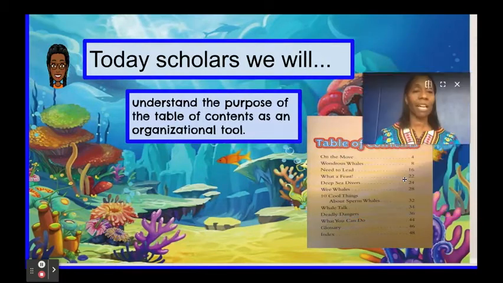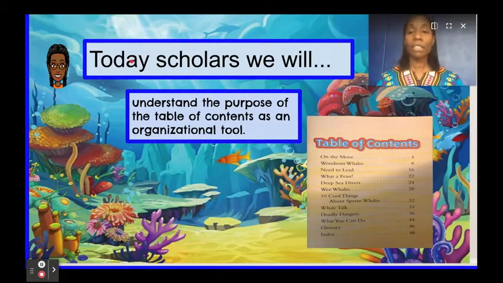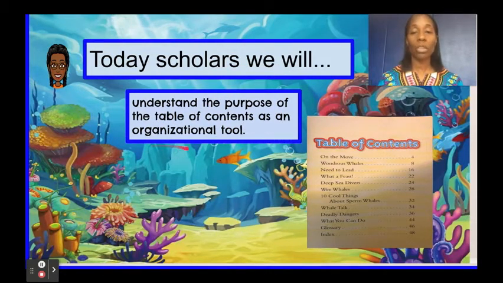So today, scholars, we will understand the purpose of the table of contents as an organizational tool. It's a tool that many authors use because it helps the reader. It helps the reader know where to find information.